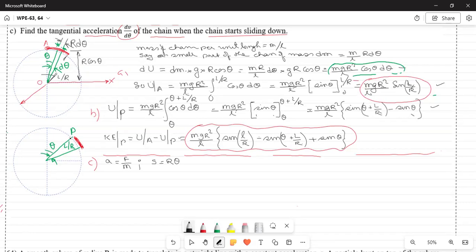From here, since we shall do a differential, we get ds equals R d theta. Look, we are preparing everything for a differential equation. So ds by d theta is equal to R.